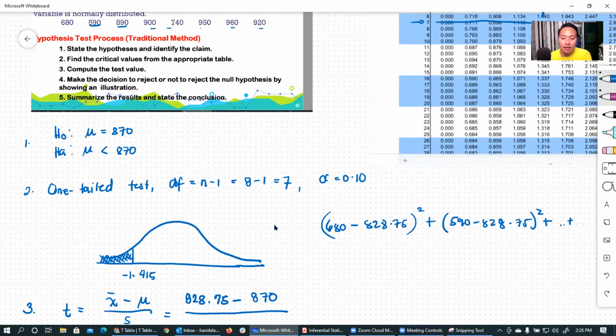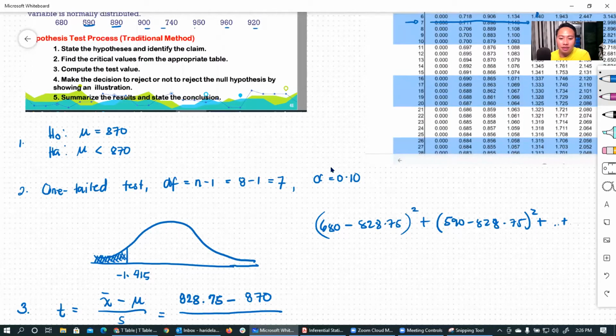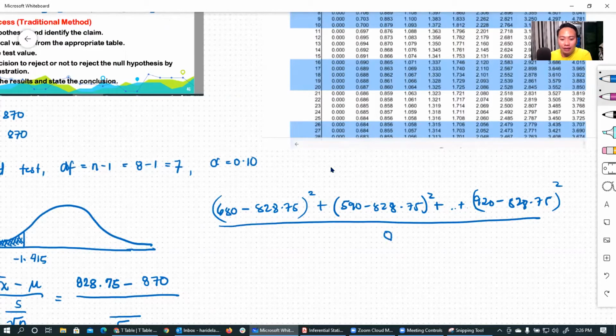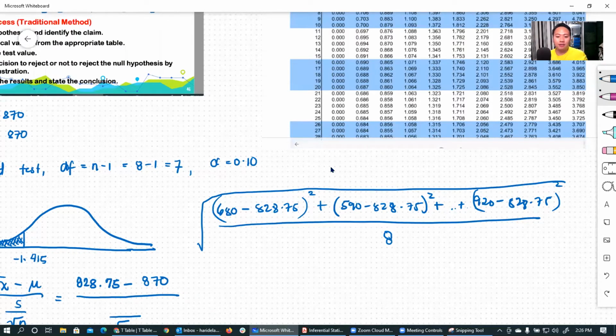So we have plus 920 minus 828.75 squared over the count, which is 8, and you get the square root because without the square root you are solving for the variance.